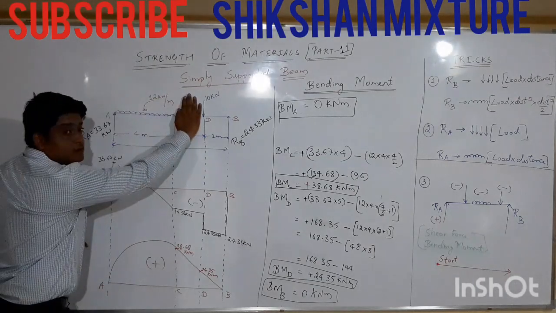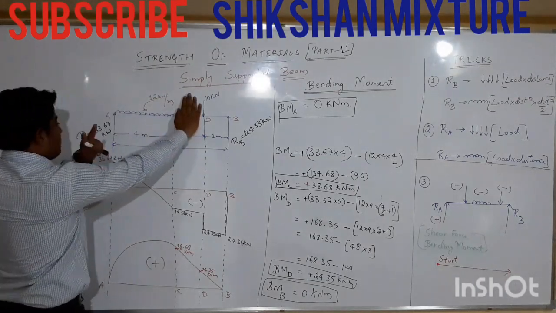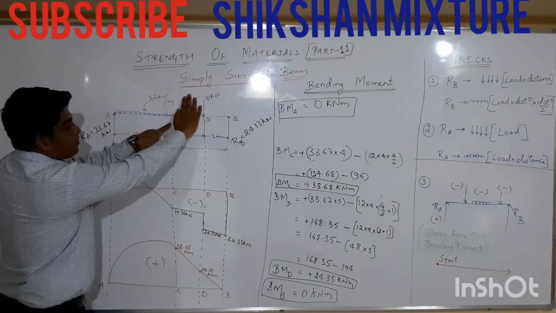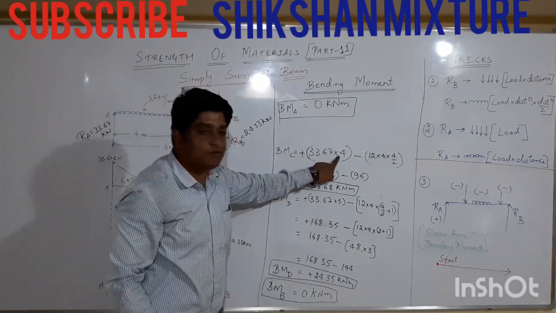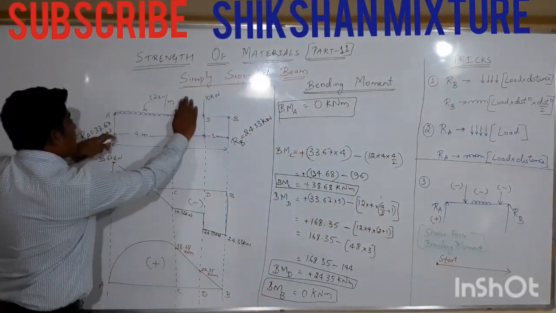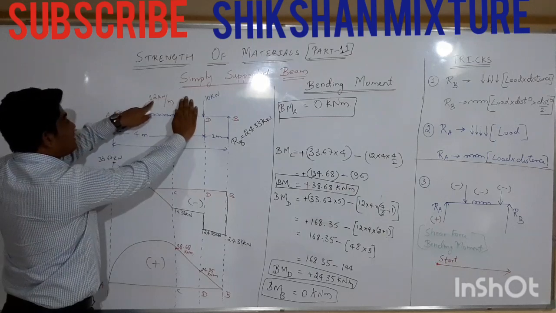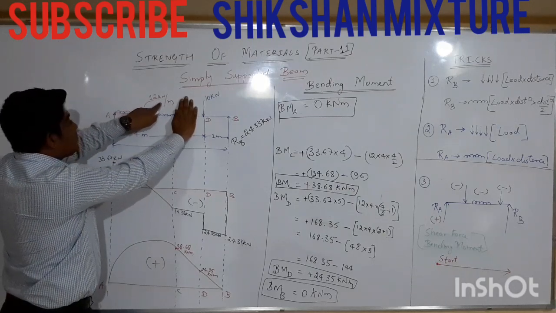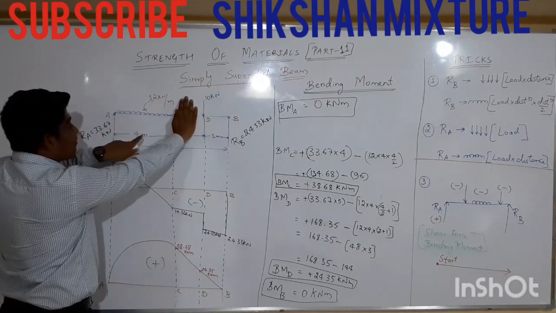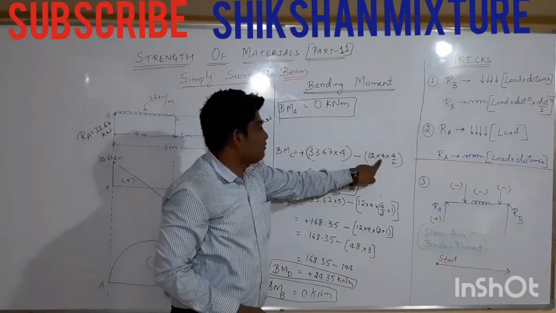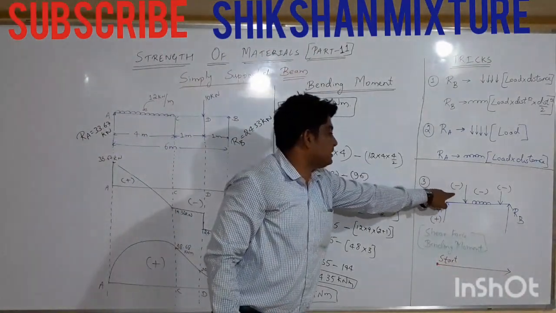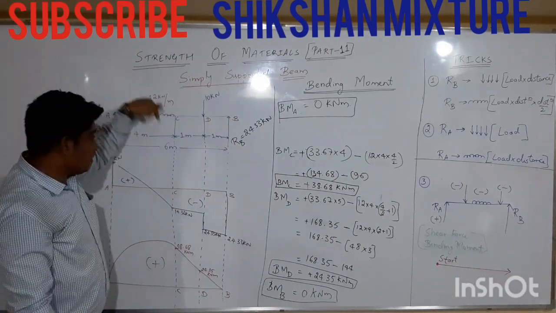Place your hand here. We will find two loads. How many loads? Two loads. That is 33.67 into 4, positive, because the trick says that is positive. Next, another load we can observe here is the UDL of 12 kilonewton per meter: 12 into 4, 4 divided by 2, that is negative, because the load is downward.